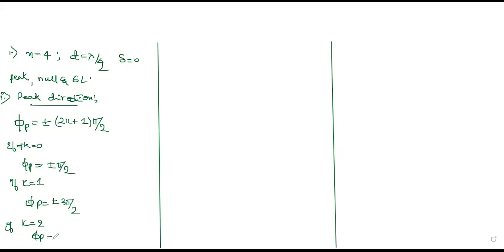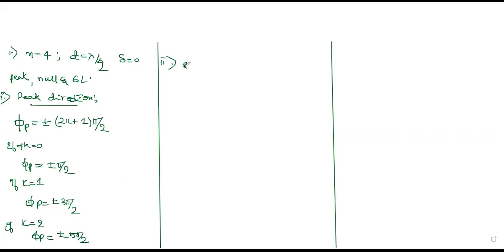So it is very easy, you can directly write. So this is 5 pi by 2 and it will continue. For k is equal to 2, that is enough. So that is how you find the peak direction. If you want, you can substitute further, 7 pi by 2, 9 pi by 2, but that's okay. You can do it till 5 pi by 2.